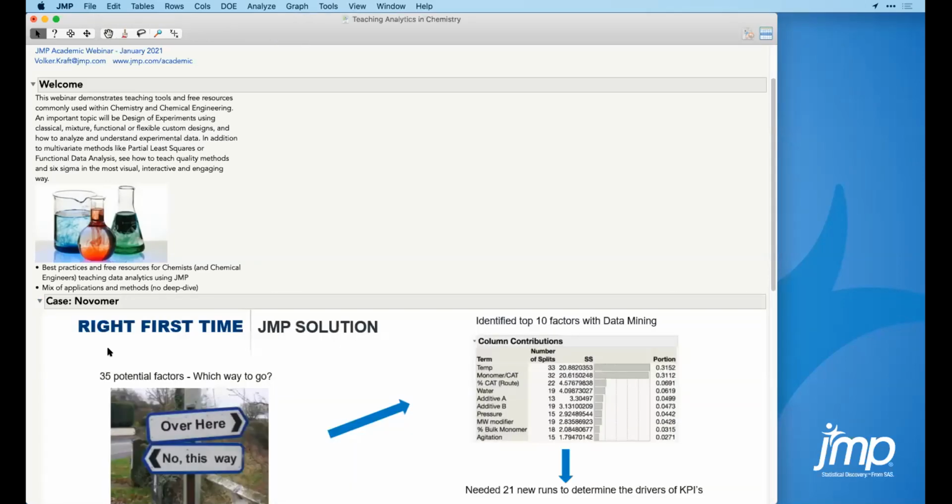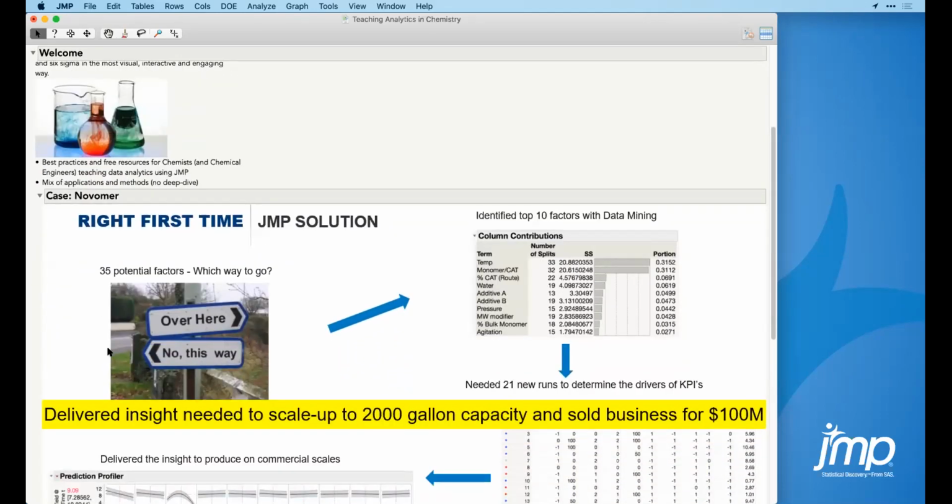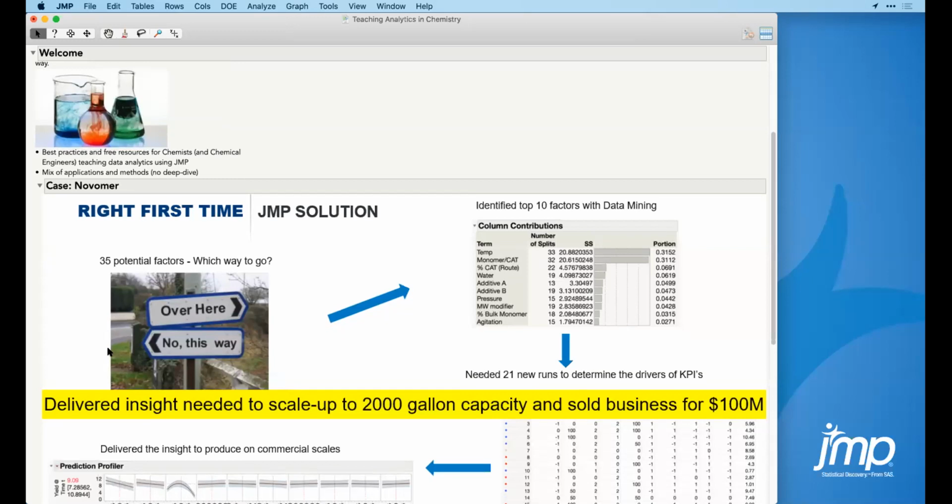So this is about Novomer, a chemistry company based in Massachusetts. And their objective was to put carbon emission from power plants in industry to productive use. In this case, producing plastics used in packaging and coatings rather than CO2 escaping into the atmosphere.